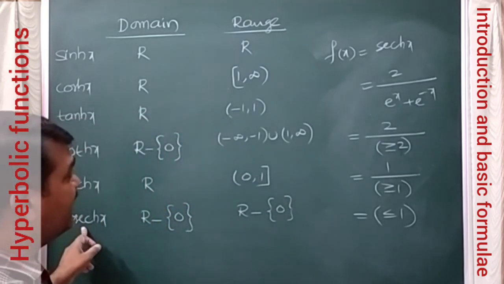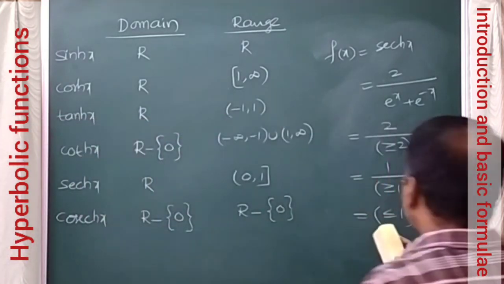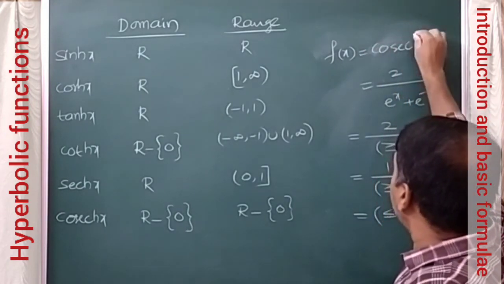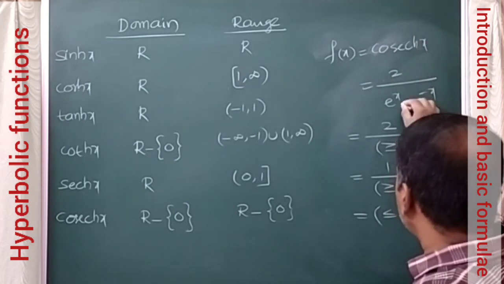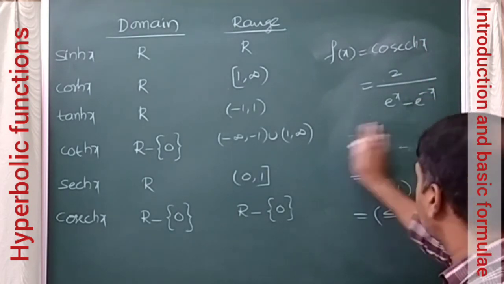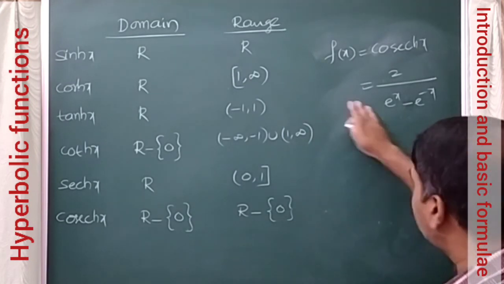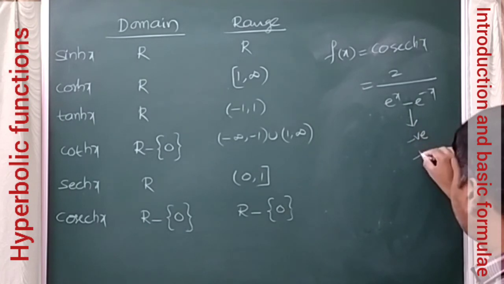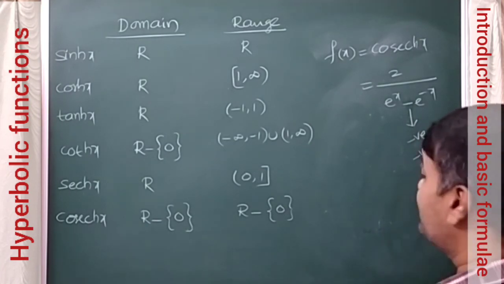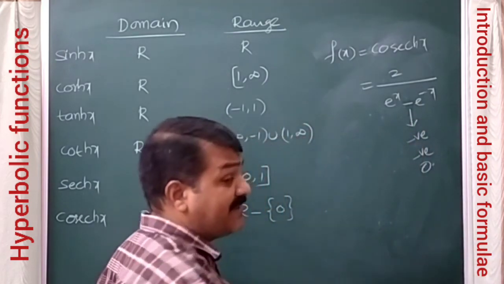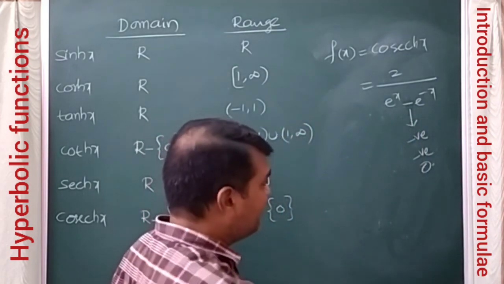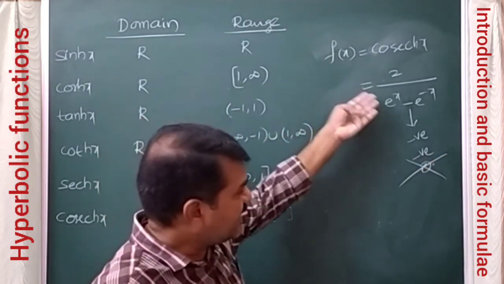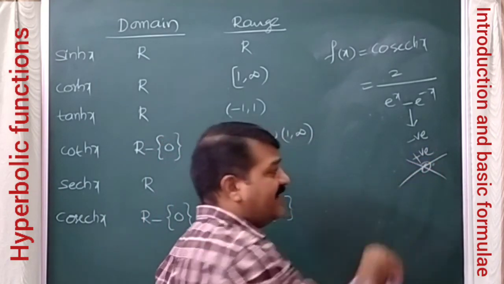Now coming to cosecant hx, which is reciprocal of sin hx. You can clearly see that the denominator can be negative, it can be positive, it can be 0 also. Of course, when the denominator is 0, the function is not defined, I will take that out. So the denominator can be negative, the denominator can be positive.